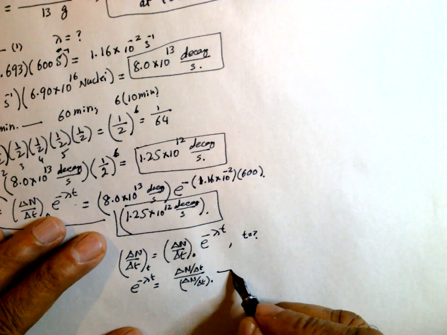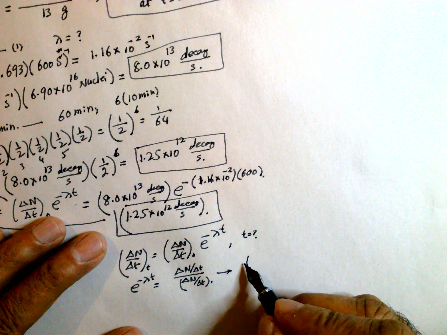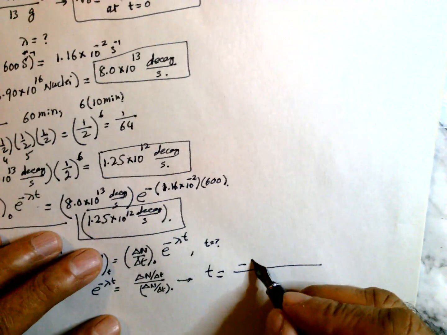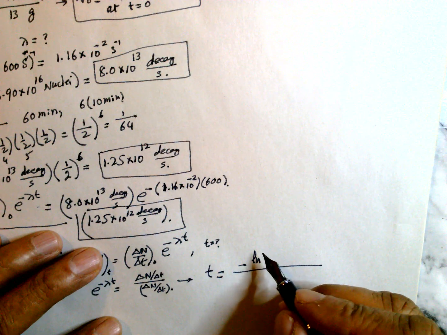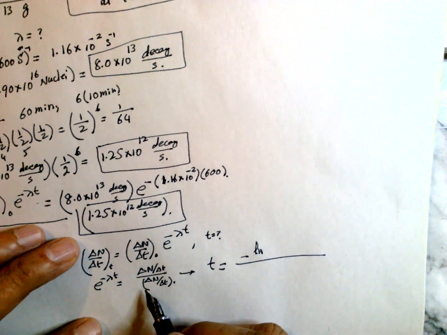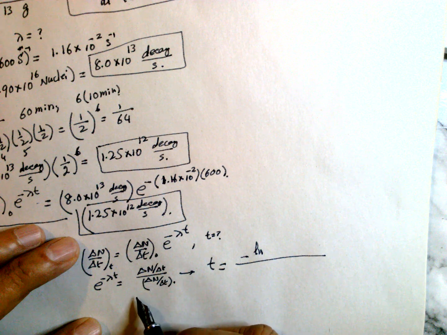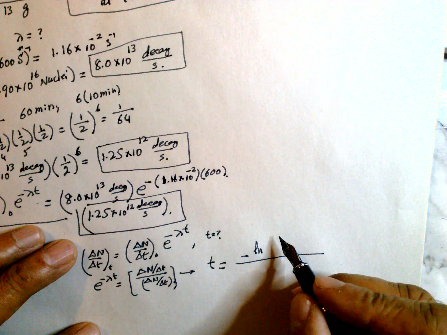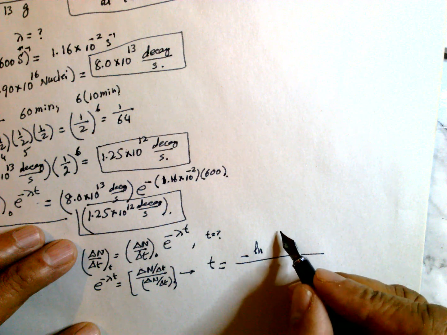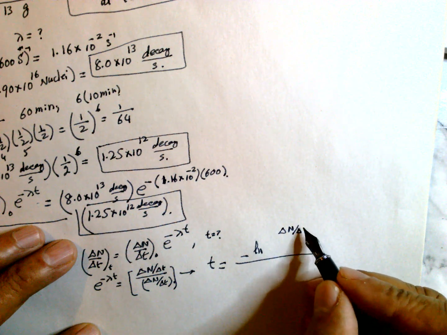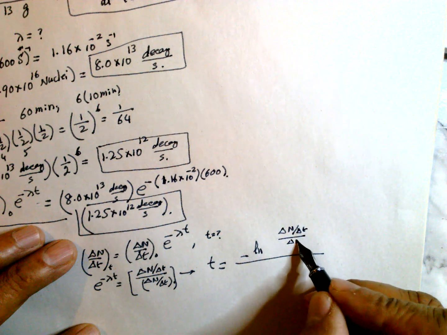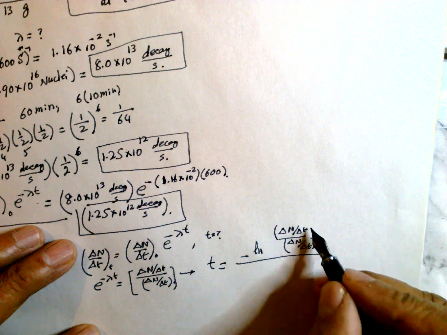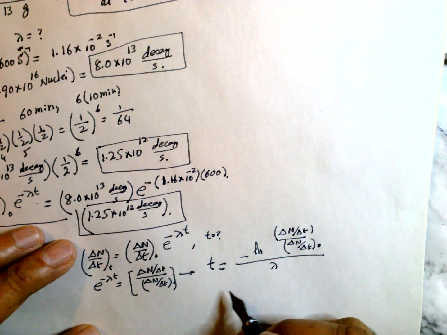From here, if we want to simplify, t is equal to minus ln of delta N over delta t over delta N over delta t at 0, over lambda.